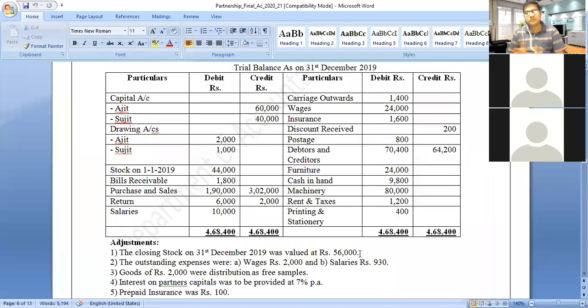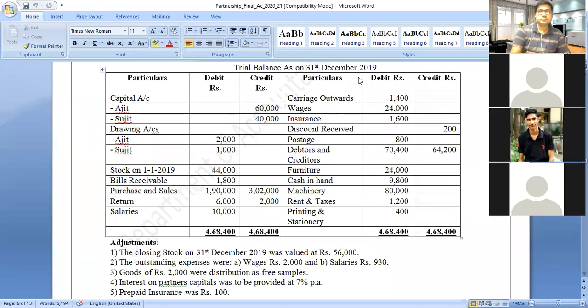Now what will be the effect of the closing stock? Any idea? Those who know something can unmute yourself and give the answer.